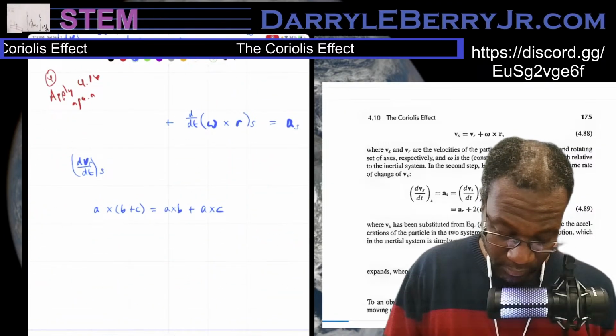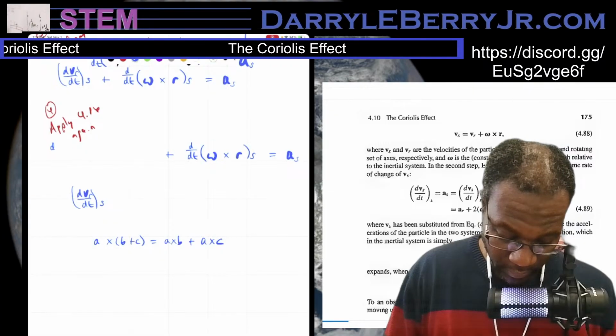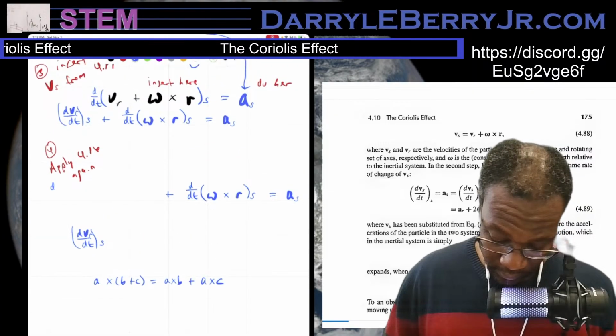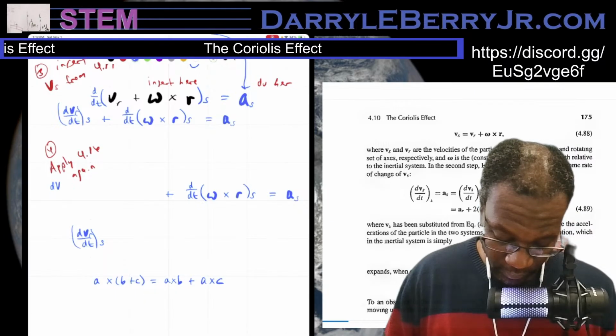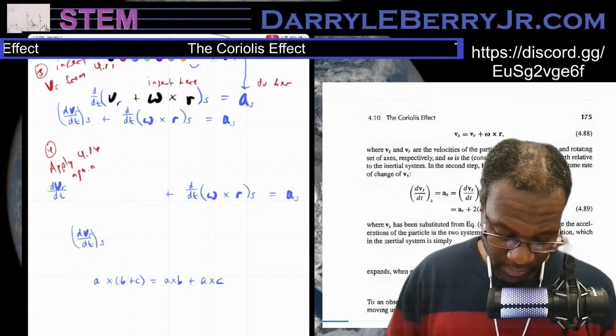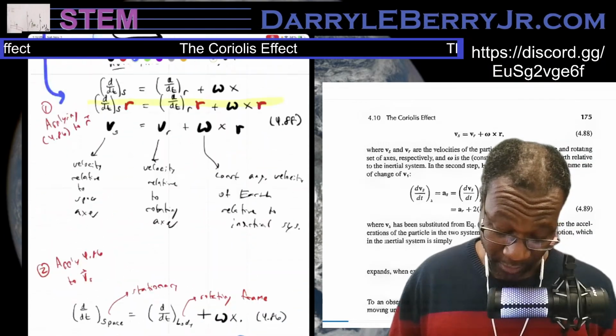This becomes d VR over dt R, applying the formula.